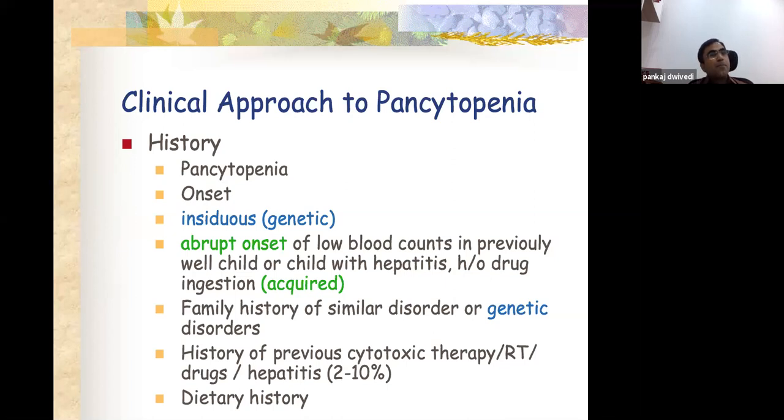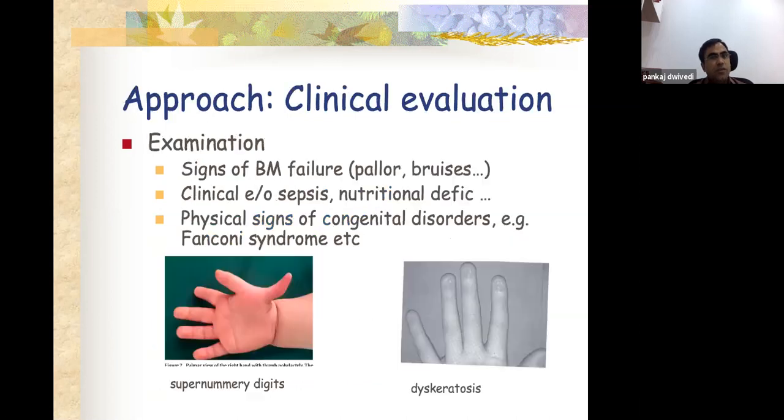So what you will get is either an insidious onset, for example if genetic is the cause, or abrupt onset of low blood count in a previously well child with hepatitis, history of drug ingestion, family history of a similar or genetic disorder, as I told you, history of previous cytotoxic therapy or RT, particularly in a patient who has a previous malignancy, and dietary history as we discussed.